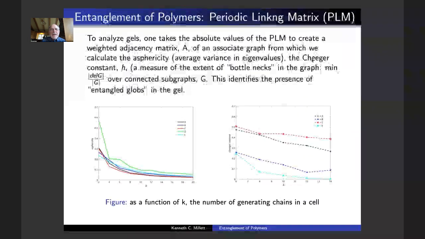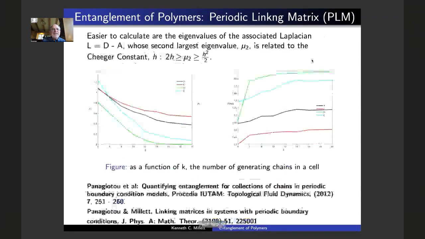Right, so we applied this to these kinds of gels and looked at the asphericity. The asphericity is really a measure of the average or the characteristics of the eigenvalues of the structure. And as I mentioned, then the Cheeger constant helps to identify sort of constrictions.